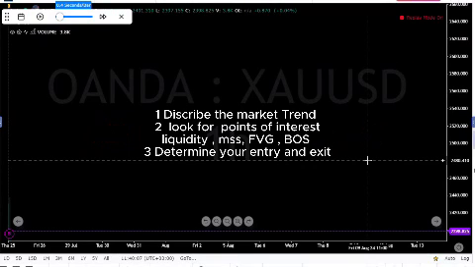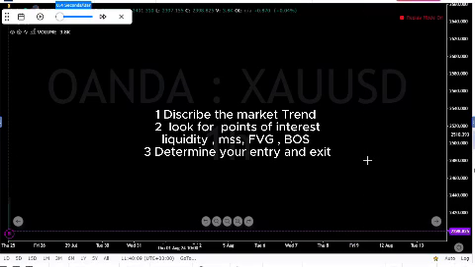Okay, let's go on. So we are going to look at how you can determine the trend of the market and how you can trade with the trend. We are going to be looking for these three things. We are going to describe the market trend, and after describing, determine whether it is in a downtrend or an uptrend.